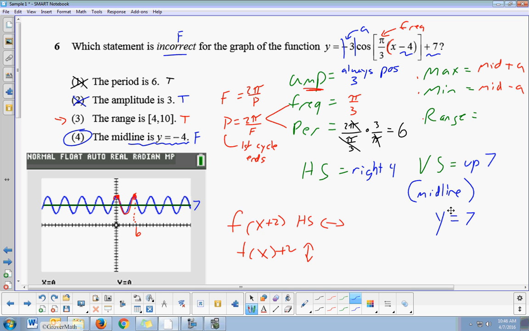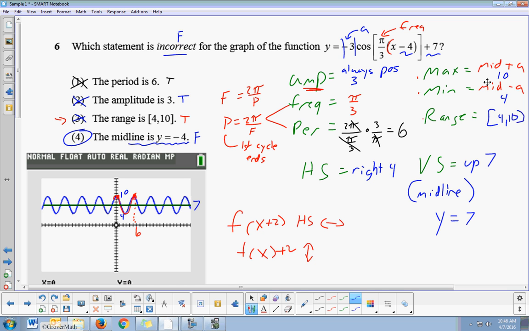So if our midline is 7 and our amplitude is 3, 7 plus 3 is 10. And 7 minus 3 is 4. So that means the graph is going up to 10, down to 4. And so that gives us a range of 4 to 10. That's a pretty ugly 10. But that's why it's a true statement. That's why it's not the correct answer.